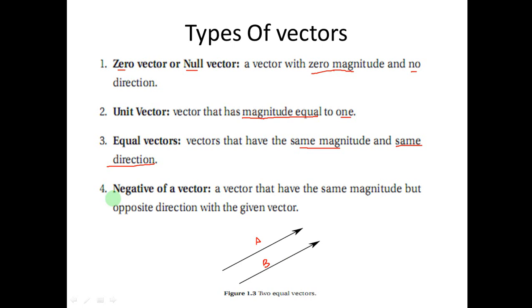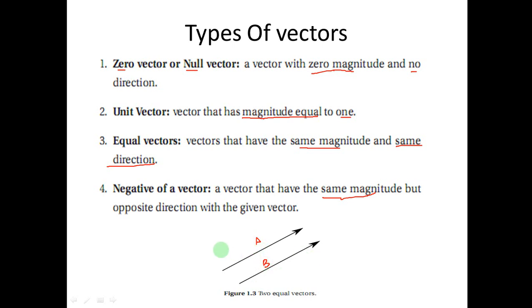The fourth vector is called negative of a vector. What does it mean, negative of a vector? A vector that has the same magnitude but opposite direction to the given vector is called negative vector. When 2 vectors have the same magnitude but opposite direction, these vectors are negatives of each other.